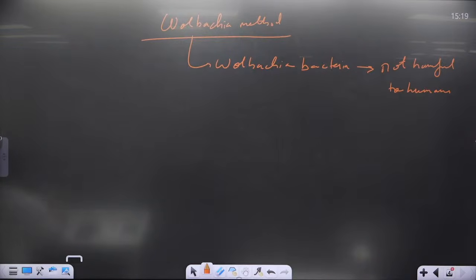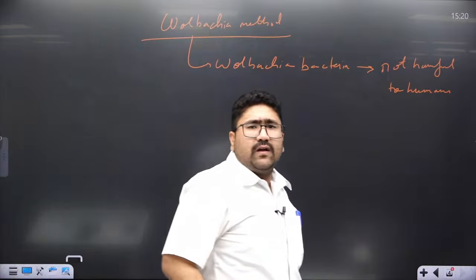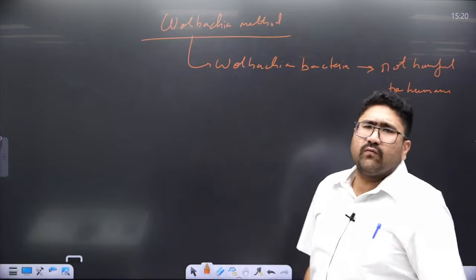What happens is that whenever the female mosquito gets the Plasmodium parasite, and there is already Wolbachia bacteria inside the mosquito, that Wolbachia bacteria will kill the Plasmodium parasite. Yes, there was already a question on the Wolbachia method.